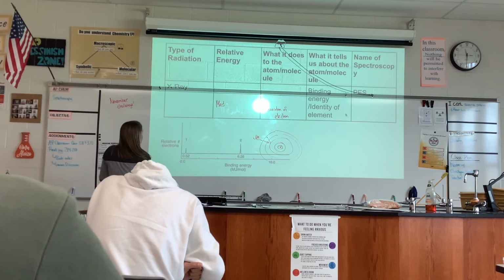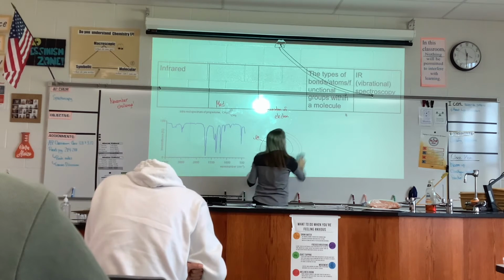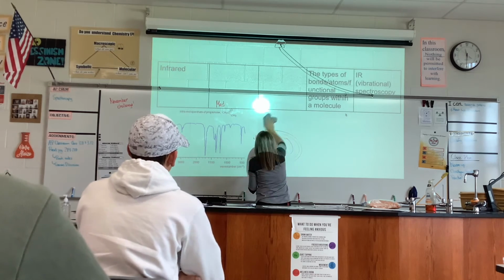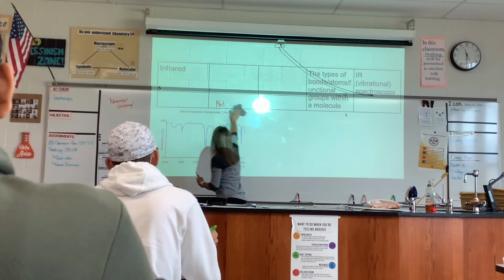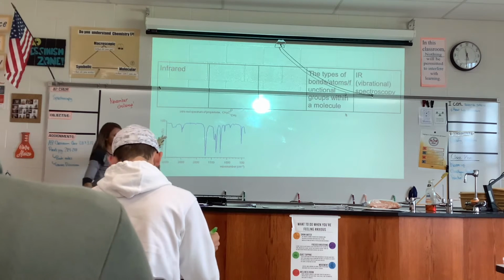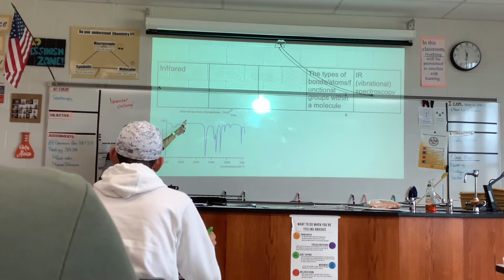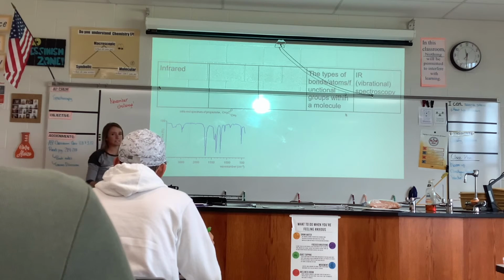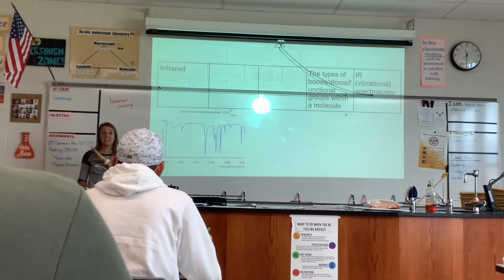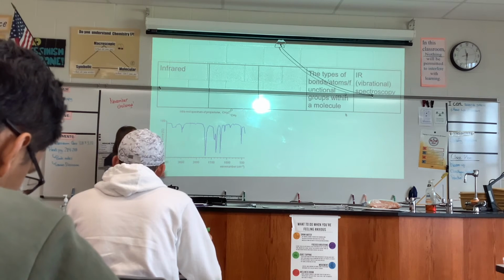Lower in energy, I went the wrong way, is the infrared test, so IR. This one creates really fun looking graphs. They look something like this. I always forget the word. What are they called in caves? There you go. That's what these always look like to me. You won't need to know how to interpret these. If you go on to take organic chemistry later, you'll learn how to, which is really fun.